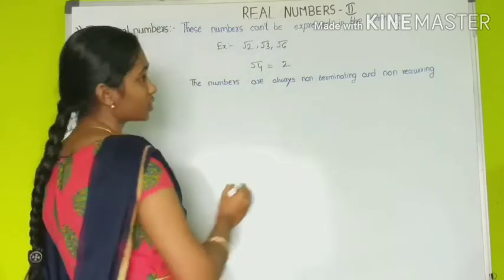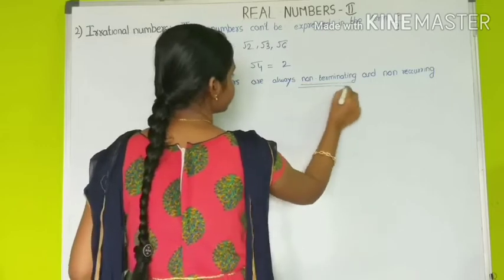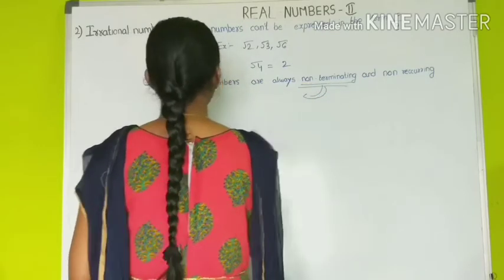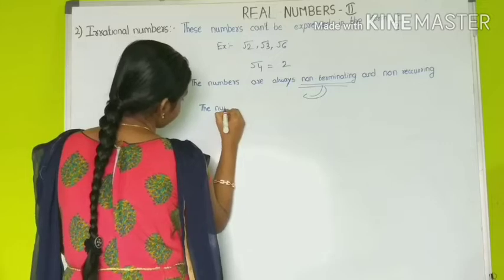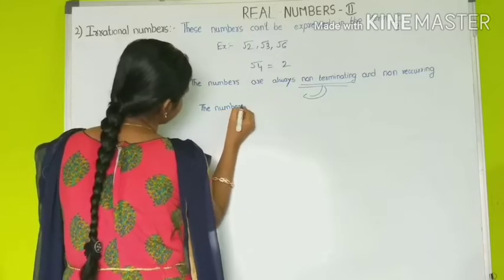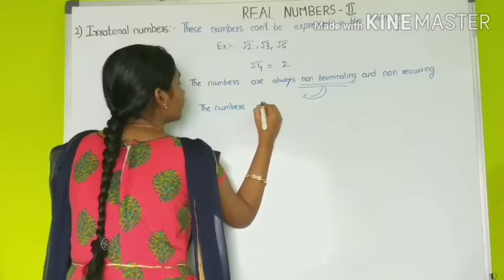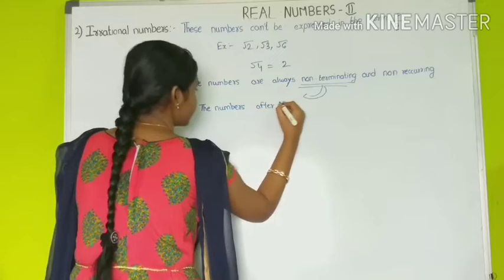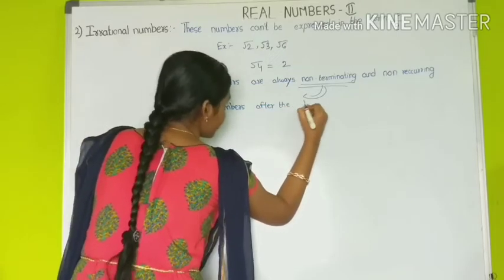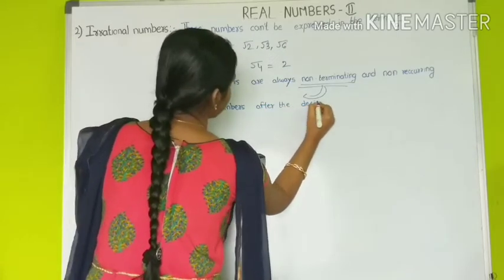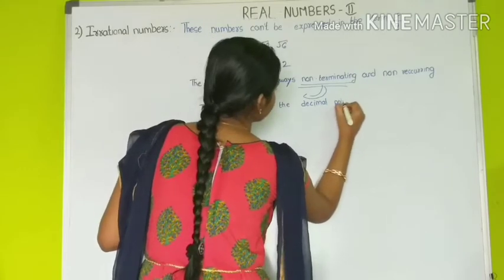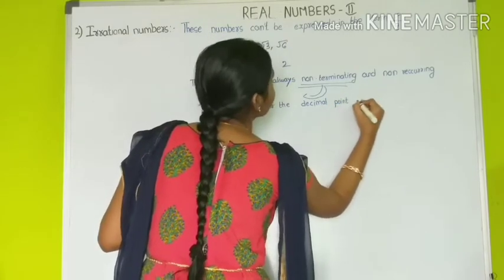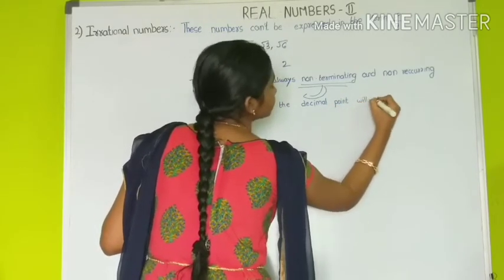We already know that non-terminating means the numbers after the decimal point will not end.